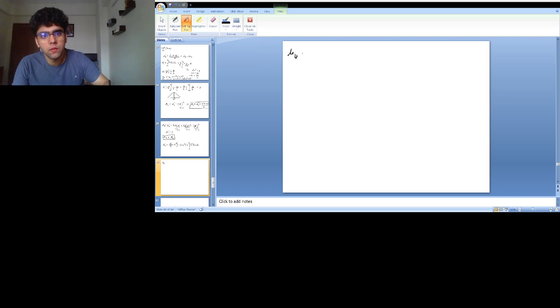So this is 2a upon pi, integral from minus a to a of 1 upon a square plus x square, product with x to the power 4 dx. So 2a upon pi comes out because it's a constant term. We need to find the integral of x to the power 4 upon a square plus x square dx.